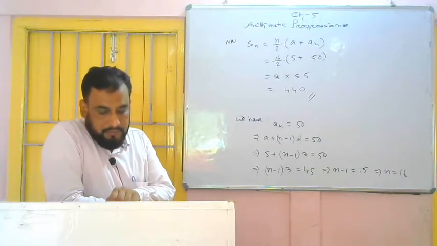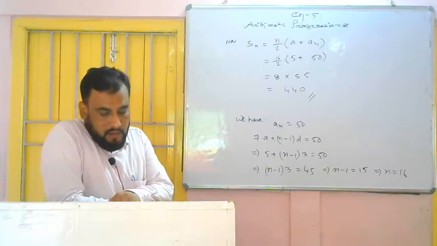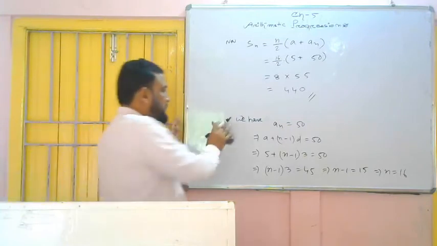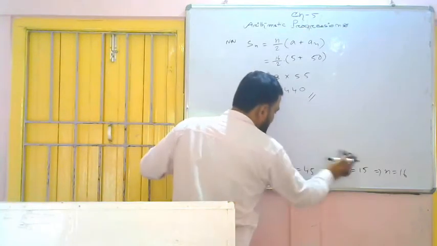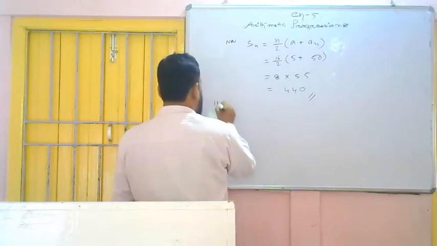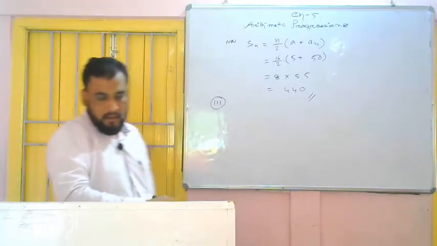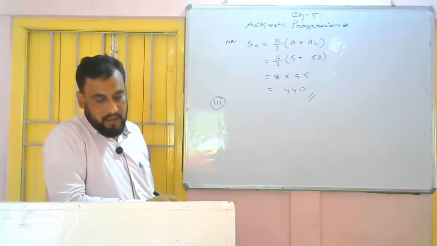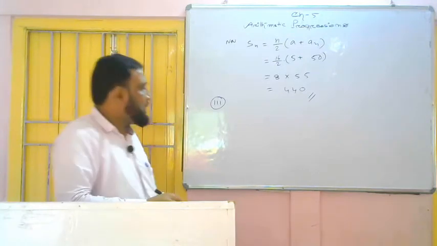Now question number Roman 3. Given A12 is equal to 37, D is equal to 3, find A and S12.